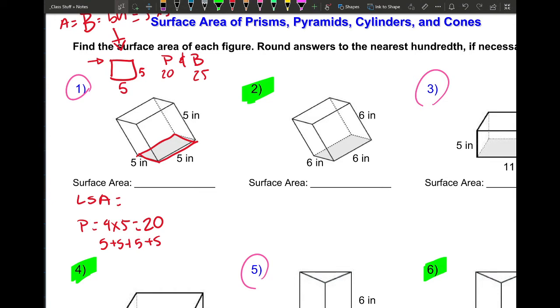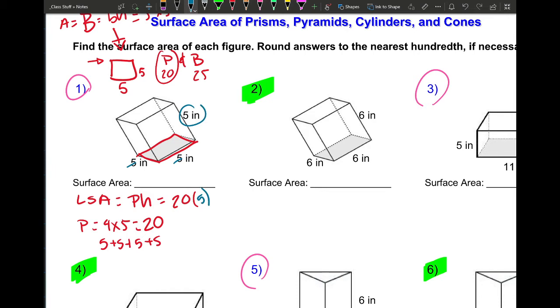Okay, so LSA is just PH. I know P is 20 times the height, and the height is going to be the height of the prism. We already used the 5 and the 5, so my height has to be that one.